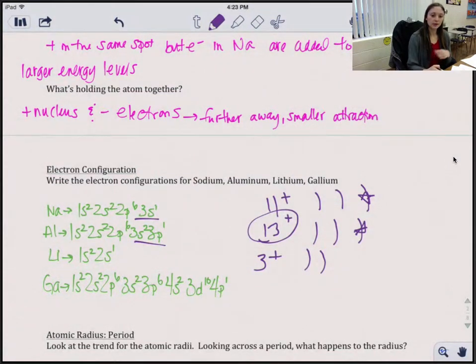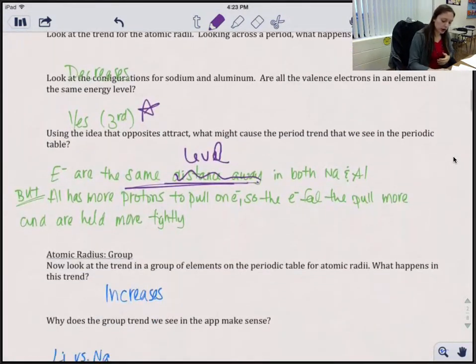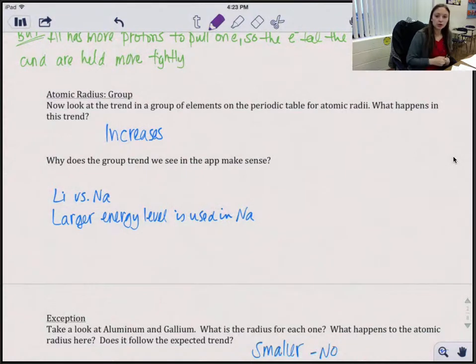So since lithium has a weaker pull and fewer levels, it's definitely going to be smaller. The more energy levels you have, the bigger these shapes are going to be, the further out my electrons are going to be. So group trends are actually a little bit easier. It increases down the group, because I have a larger energy level that's used in sodium. There are bigger shapes, if that helps too.